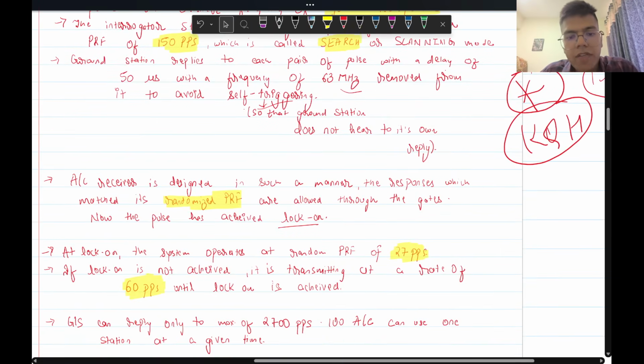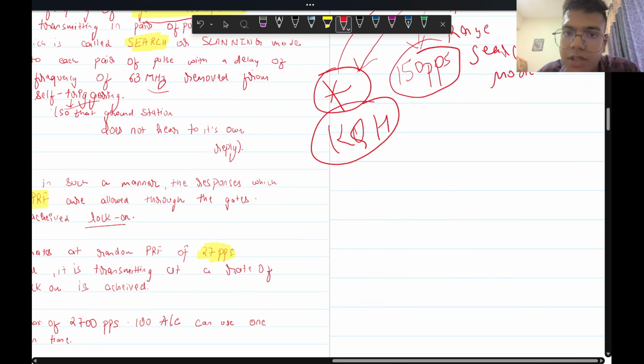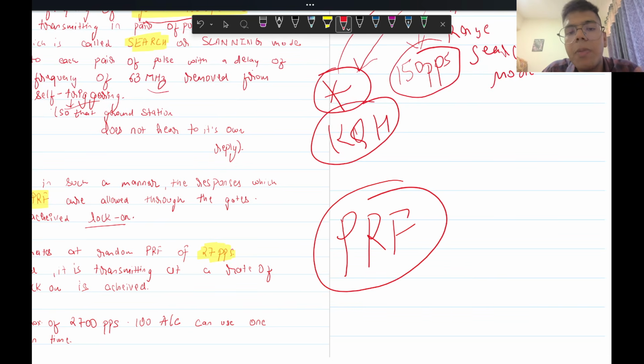Now the aircraft's receiver, for a particular frequency there's a particular PRF. PRF is the pulse recurrence frequency. Now suppose for now assume it is a timing. Suppose I am the aircraft and I have tuned the frequency of Kishangarh. So I know there's a difference of, let's take an analogy, 3 seconds.